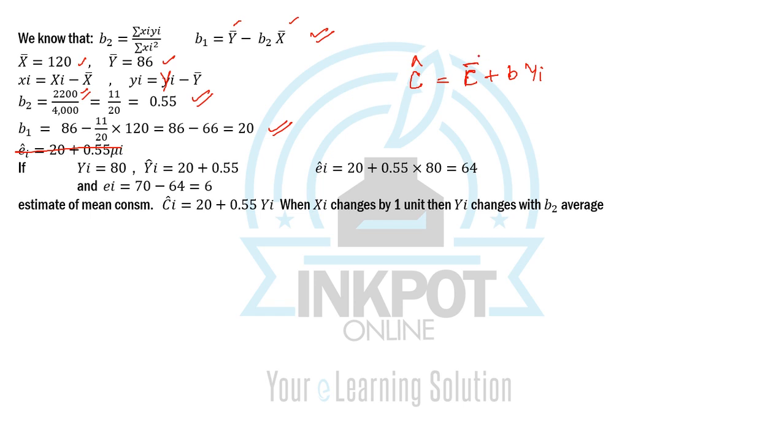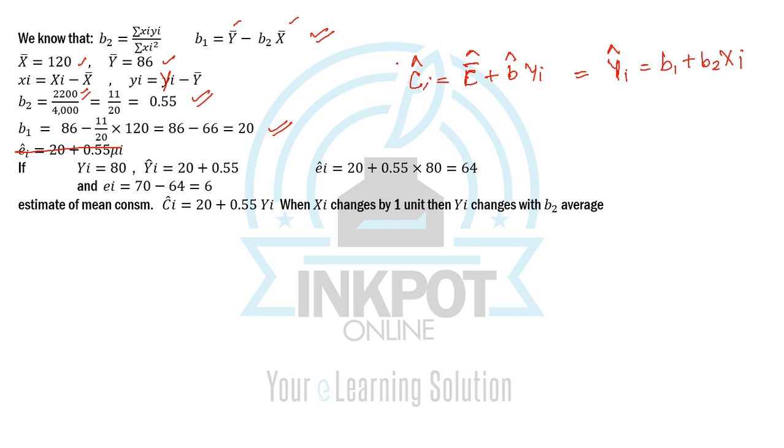Since this is estimated, we are just writing it as yi hat equals b1 plus b2 xi. Here this is not e, this is c, this is ci.